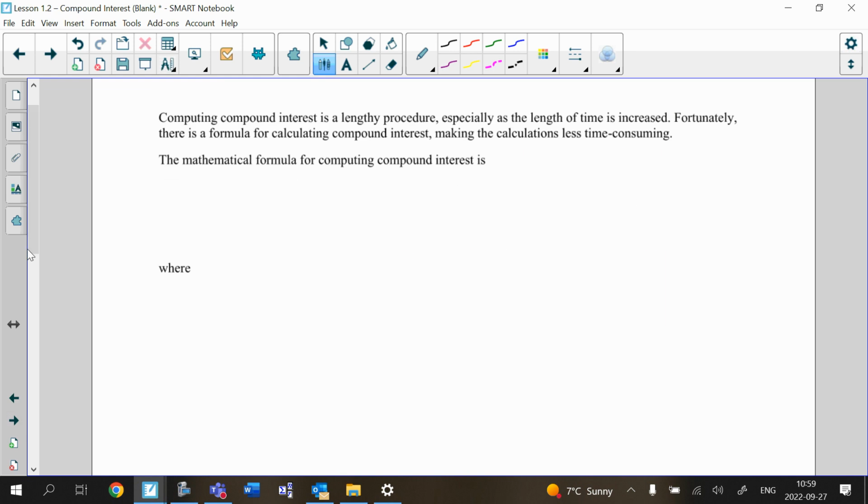And it's this. So it looks a little complicated, but once you use it a couple of times, you'll get the hang of it. You just got to remember to do things in the correct order.